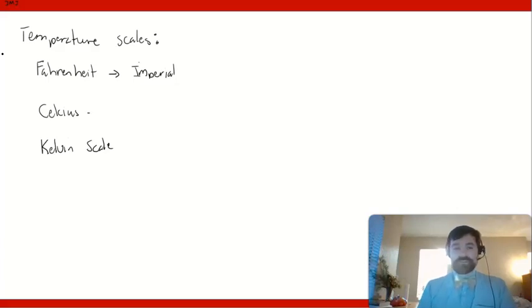The Celsius scale is a metric scale. However, it is not the preferred SI scale for MKS because 0 degrees C is set as the freeze and melt point of water. So freeze, melt, water.